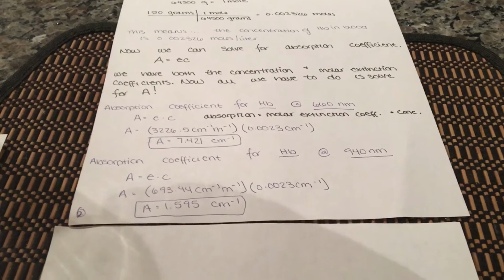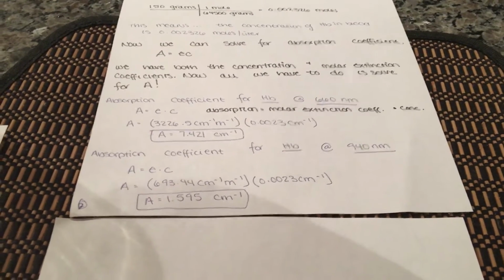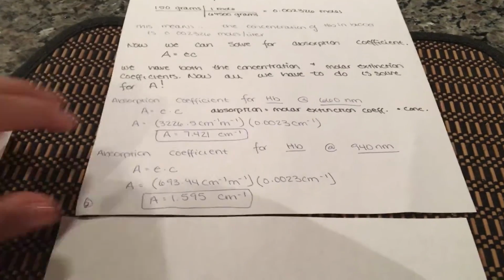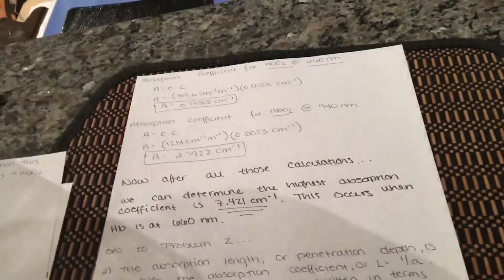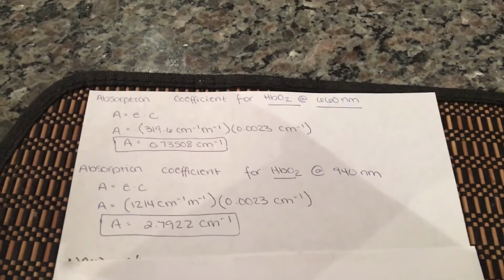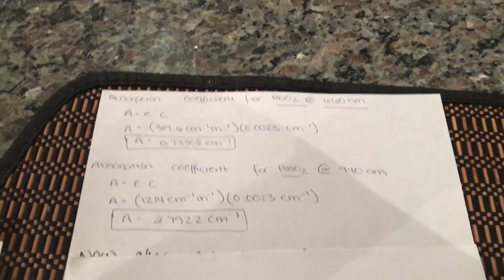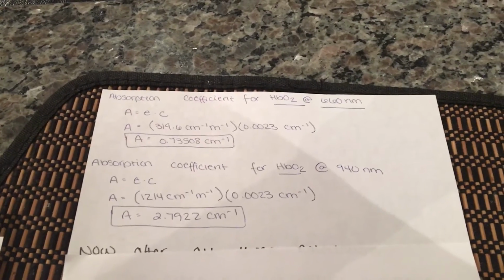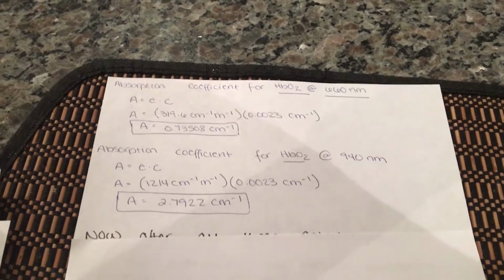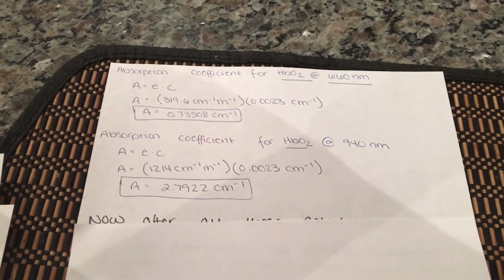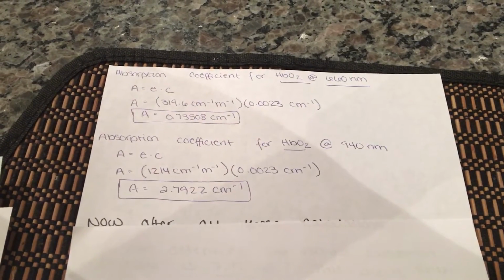Keep in mind that we are trying to find the highest absorption coefficient. That is why I did it 4 times. All right, on to the last two. I did the absorption coefficient for oxygenated hemoglobin at 660 nanometers, plugged that in like the first two calculations, and received an absorption coefficient of 0.73508 centimeters.